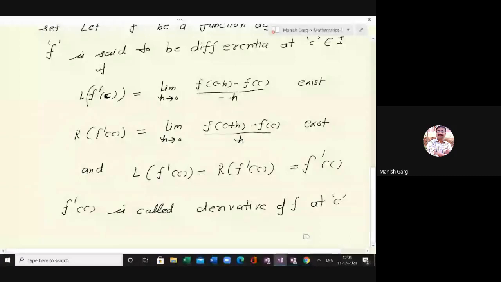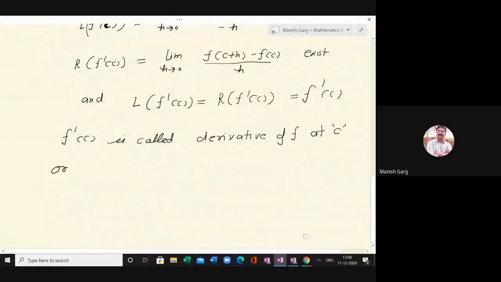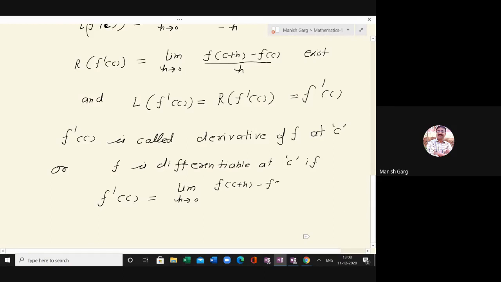So this is the left hand derivative and right hand derivative. In some books it is written in another way: f is differentiable at c if f dash c, which is the limit h tends to 0 of f(c plus h) minus f(c) over h, exists and is unique. We also write like that.